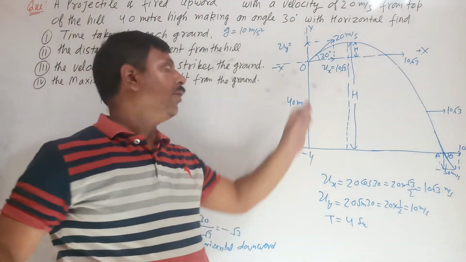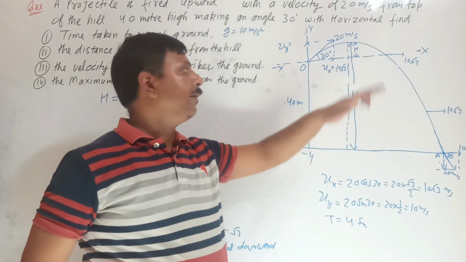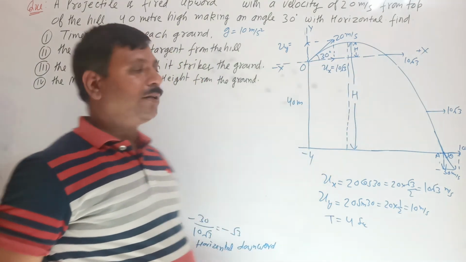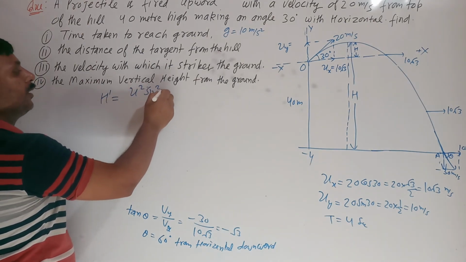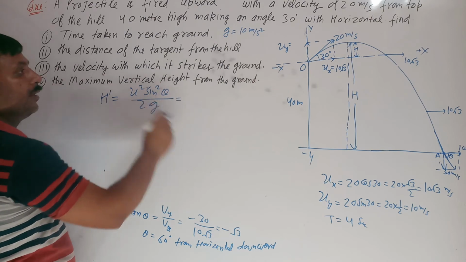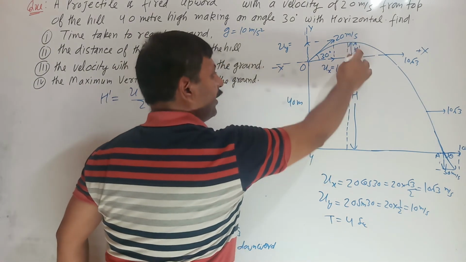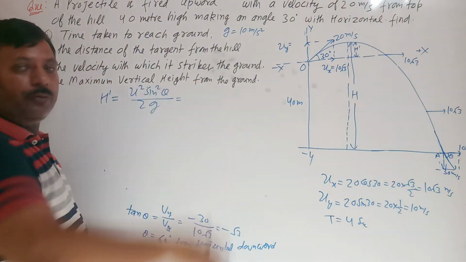From a simple horizontal plane projection, if the angle of projection is 30 degree, then h dash equals u square sin square theta upon 2g. That we will find as h dash, then add with the 40 meter, that will be the total height.